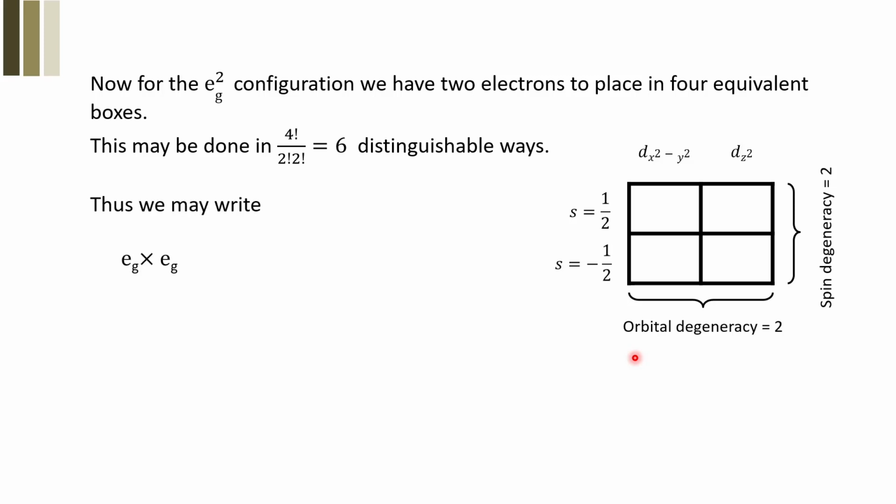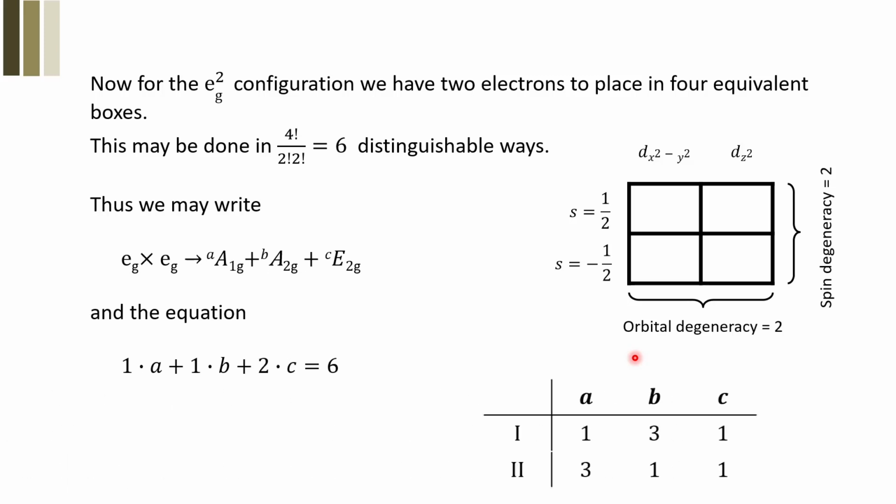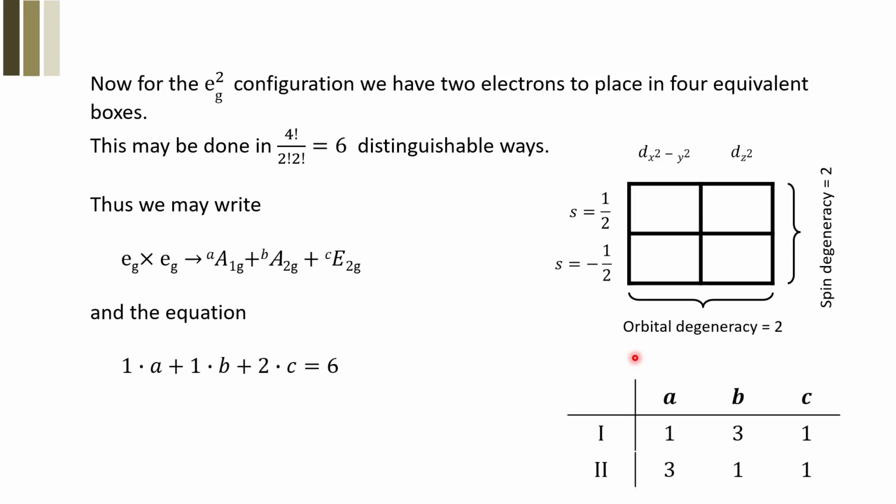that Eg into Eg should be equal to something like this, that we have discovered from the direct product of representations. So you have A1g, A2g and Eg, they have been spread like this, and we are left with the problem to assign the values of A, B and C, and there are two possibilities, either it is 131 or 311, if you are trying to satisfy the microstates that are possible.